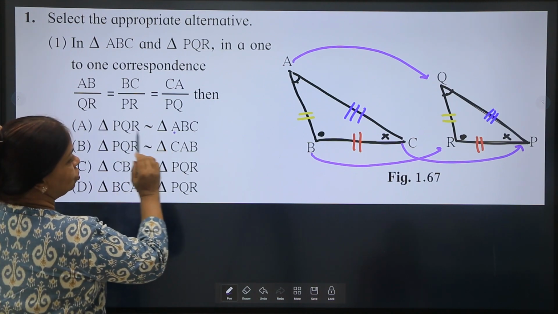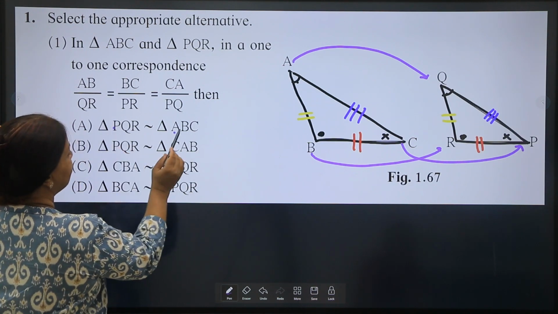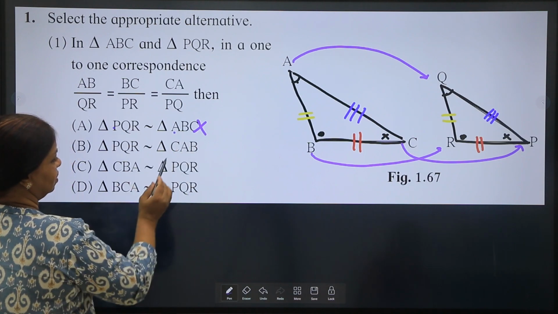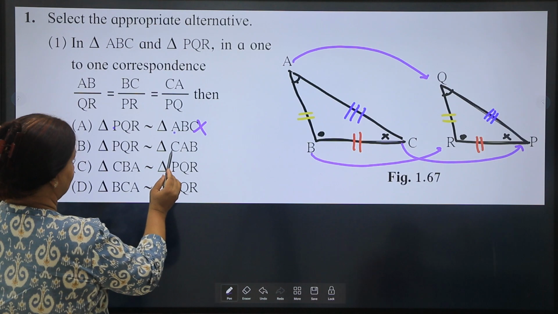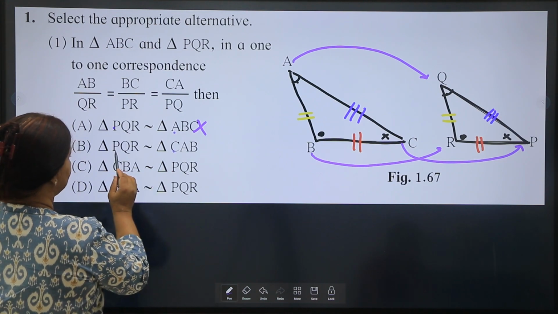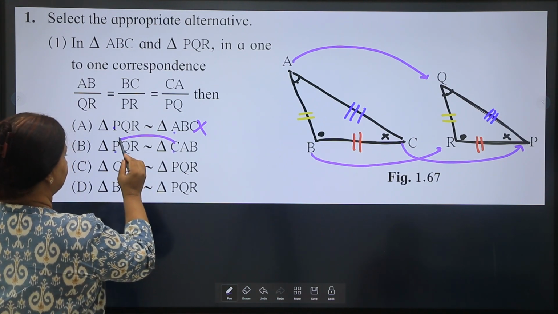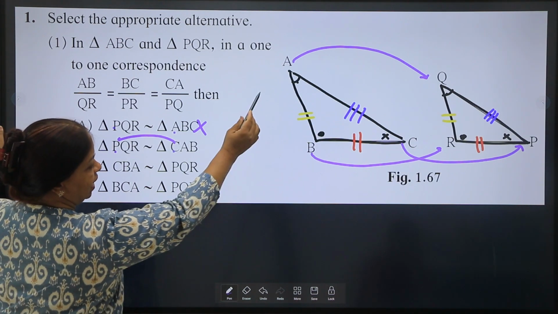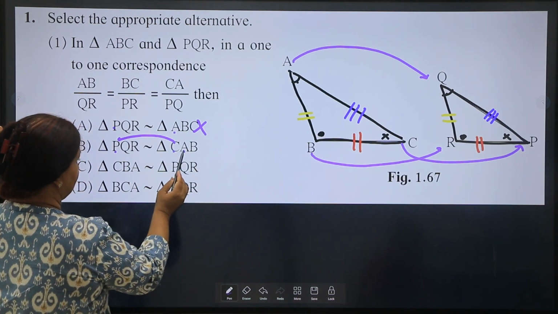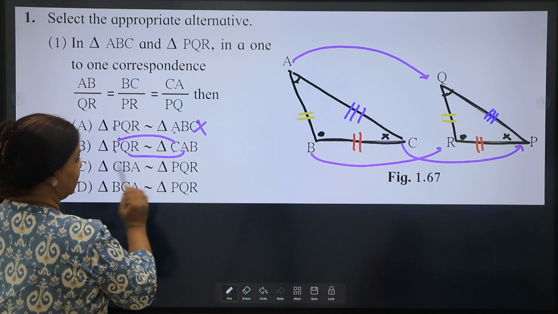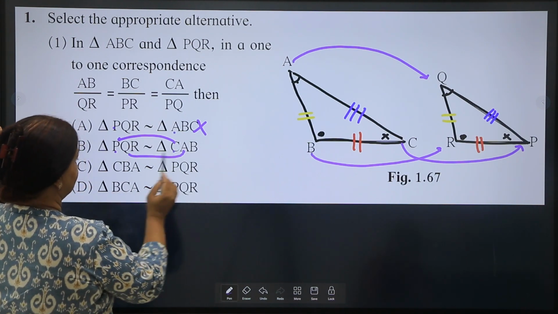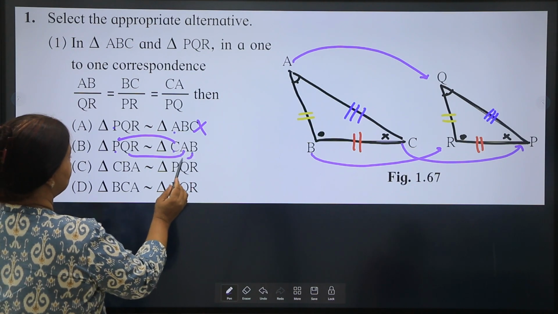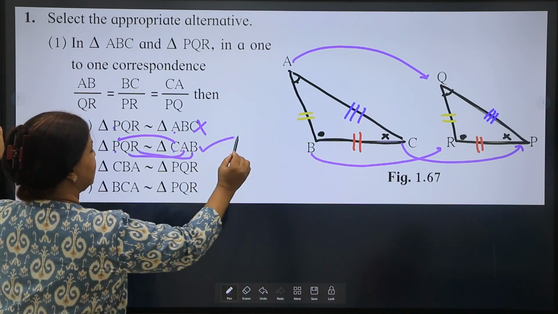A corresponds to Q, correct. C corresponds to P, correct. B corresponds to R, correct. So this option is the correct option.